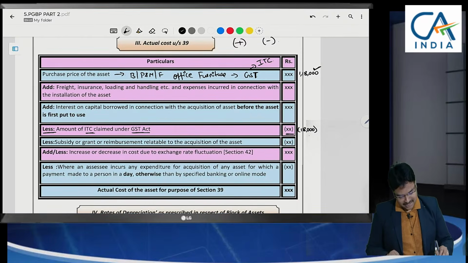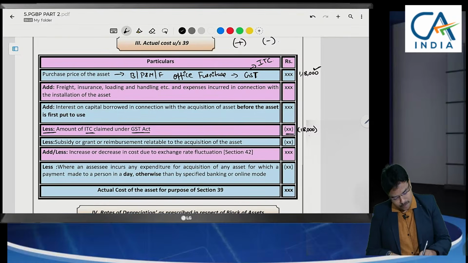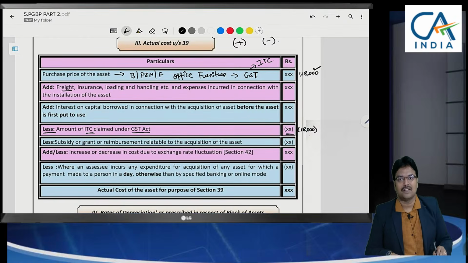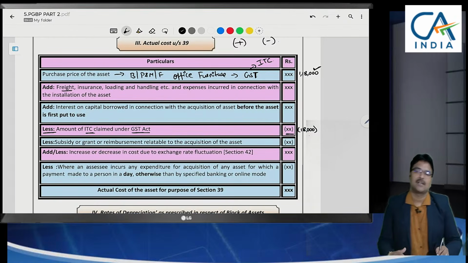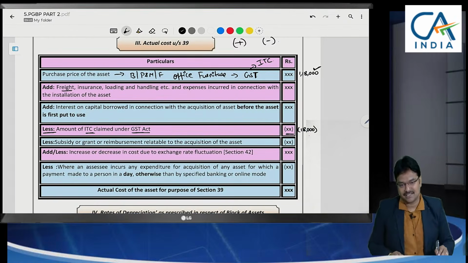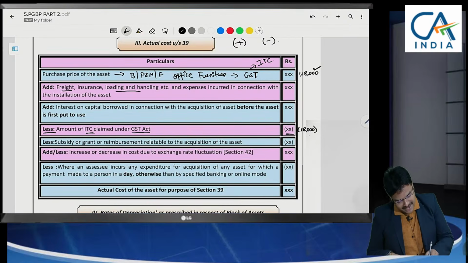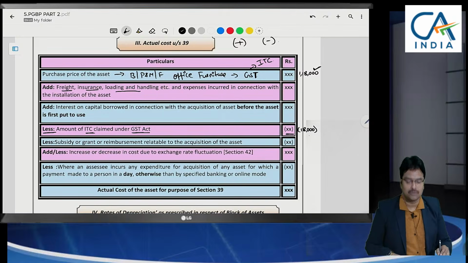So what else have they specified there? To bring the asset to our location, any freight incurred. Usually freight we write as indirect expense, but we have to capitalize it in this case. We should not write it as an expenditure here. Any loading and handling charges, insurance and expenses incurred in connection with installation of the asset.